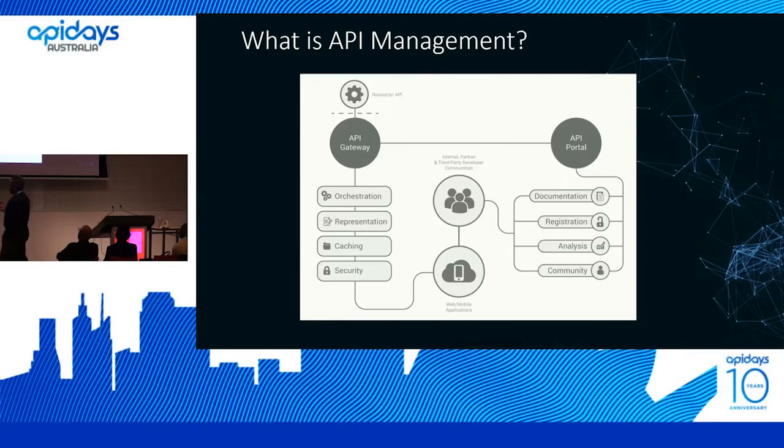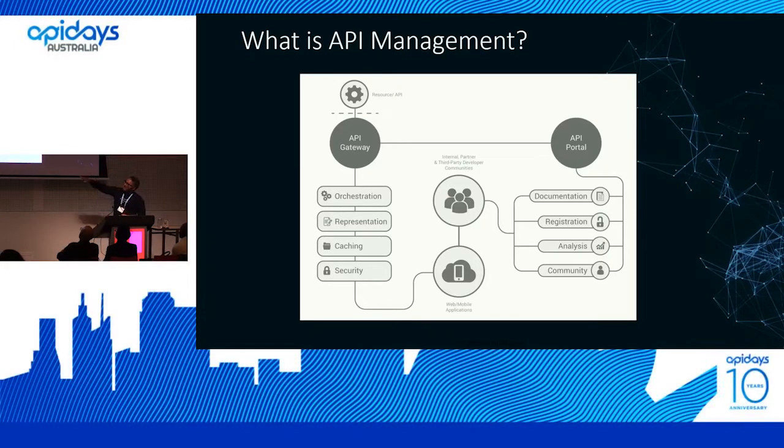So let's start with a simple question. What is the difference between API management and API gateway? The answer is simple. API management is a product or a system that has two main components. API gateway, and this is actually towards the services.